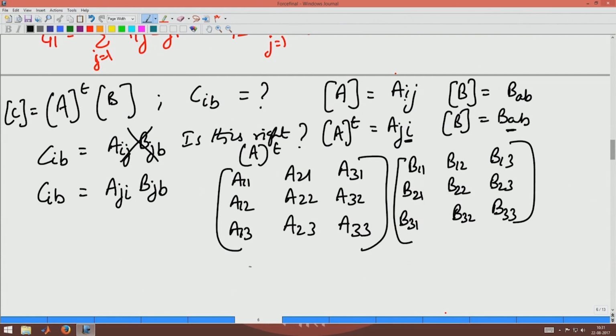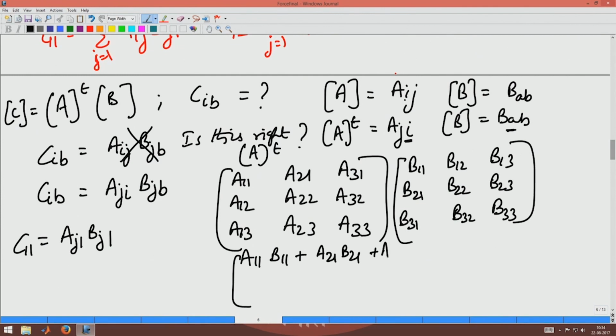If I multiply this, what do I get? If you multiply these two matrices, what you will get is A11 B11 plus A21 B21 plus A31 B31. The second entry would be A11 B12 plus A21 B22 plus A31 B32 and so on.